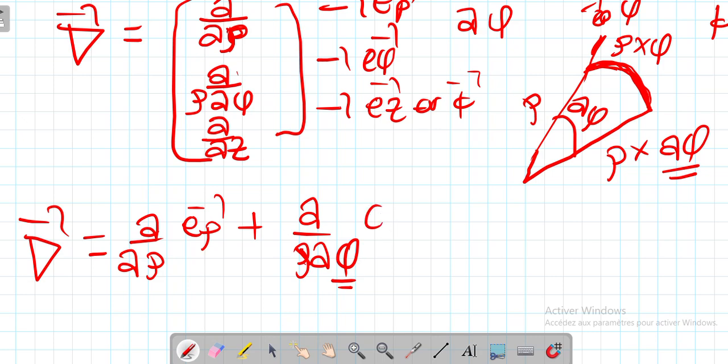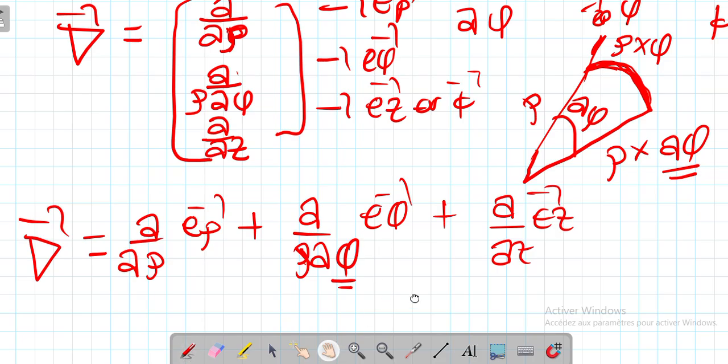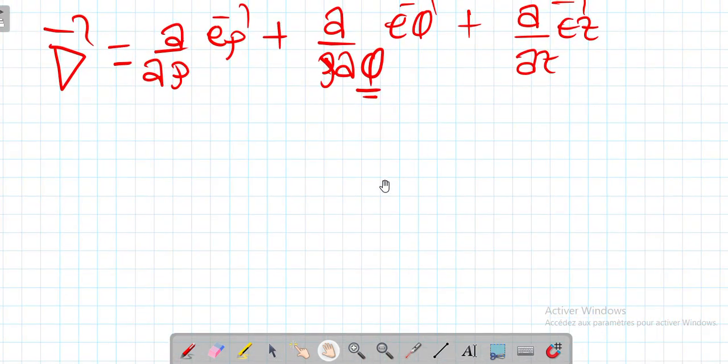Then in the direction of e phi, of course, then plus del over del z in the direction of e z, of course, or k. As simple as that. Then don't worry, when you do a lot of exercises, you memorize all these. Don't worry. So now, the spherical coordinate system.